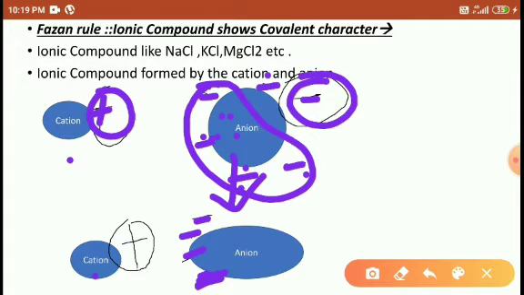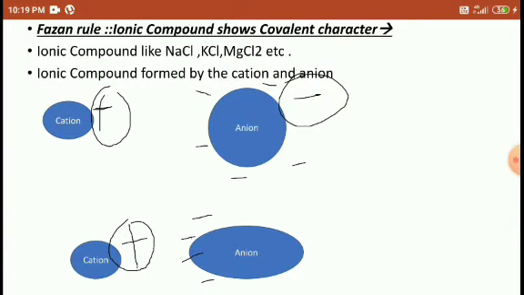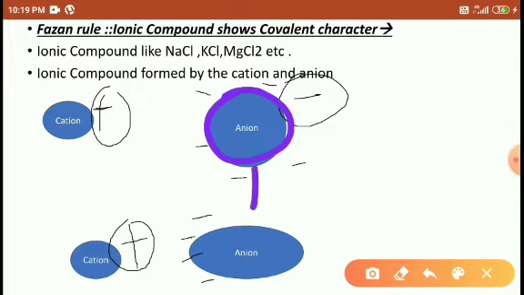They slightly distort their positions, because electrons exhibit wave nature, so they cannot be fixed. The probability of finding an electron is anywhere in the orbital, so they are slightly shifted. Look at here: this is a spherical position, and here is the distorted position, an egg-like structure.